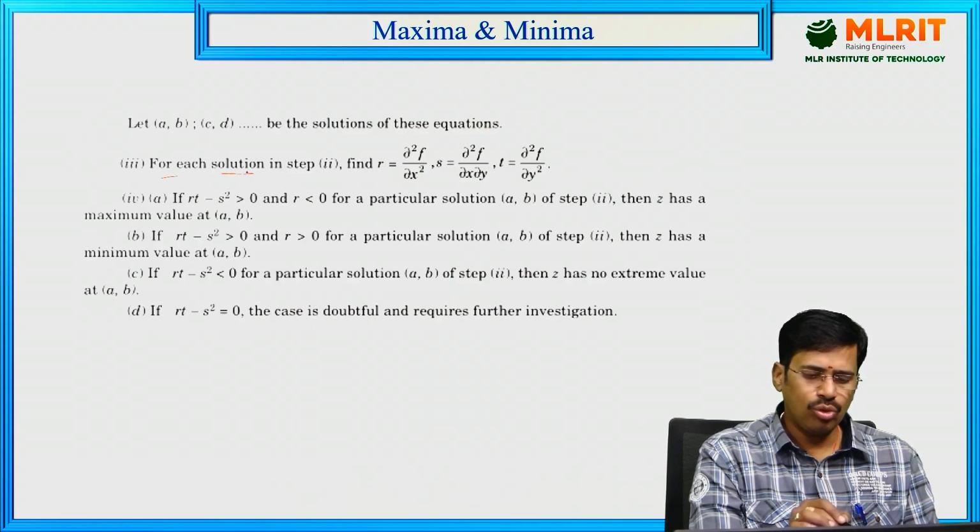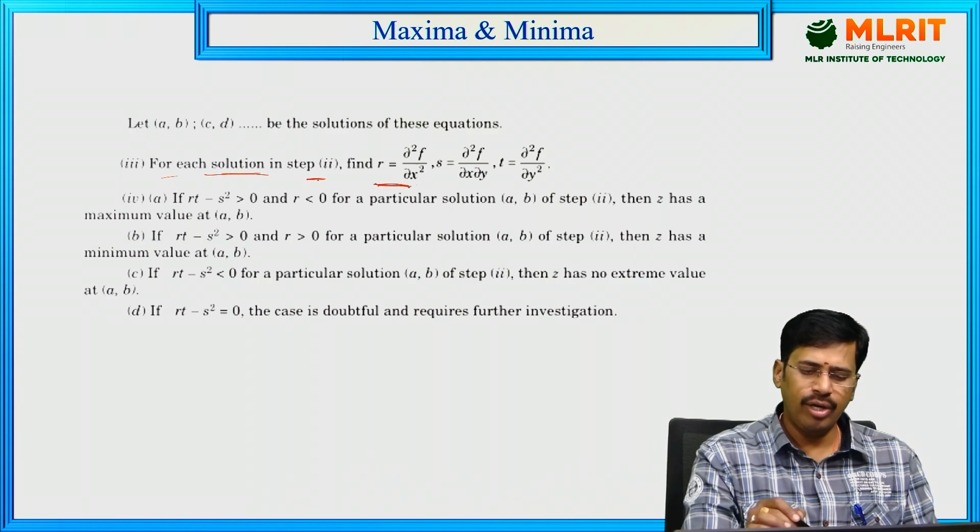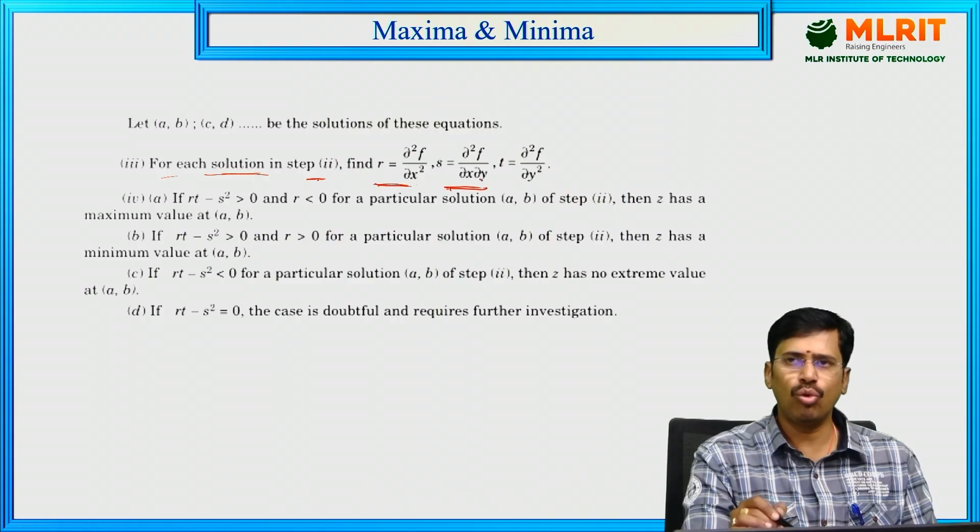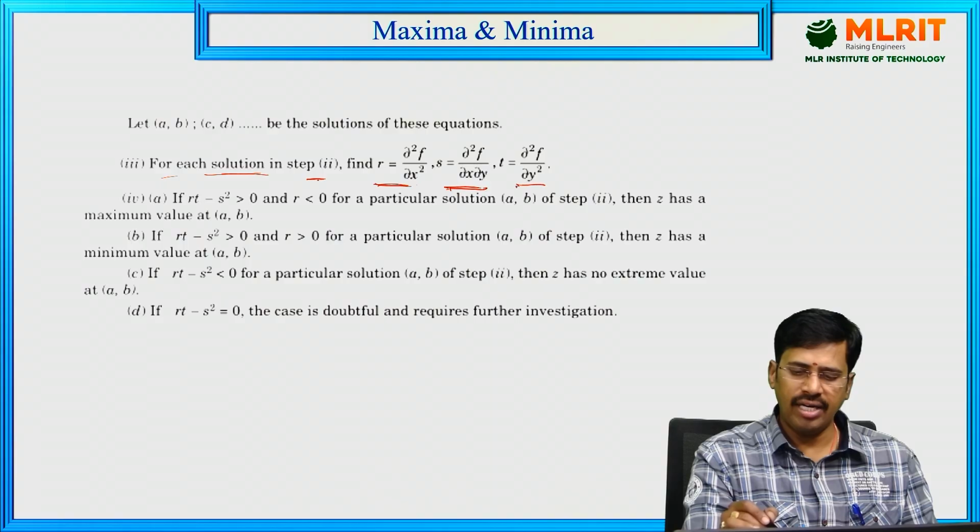For each solution obtained in step 2, these are the notations. Dou square f by dou x square is r, dou square f by dou x dou y is s, and dou square f by dou y square is t. These are three second order partial derivatives.